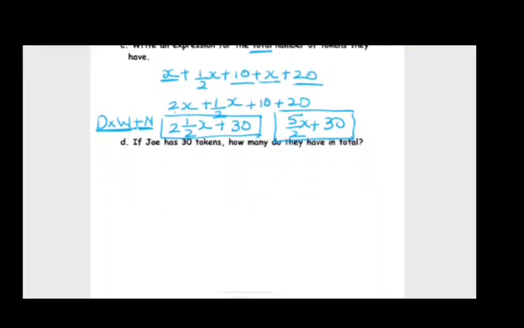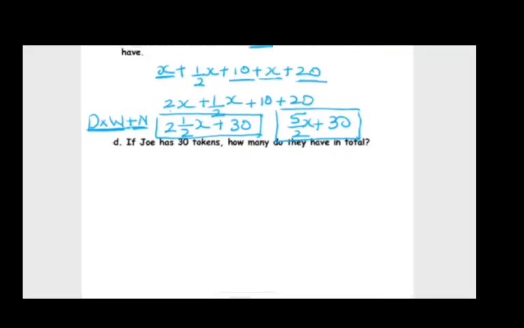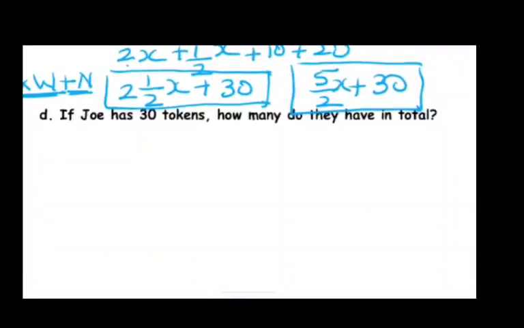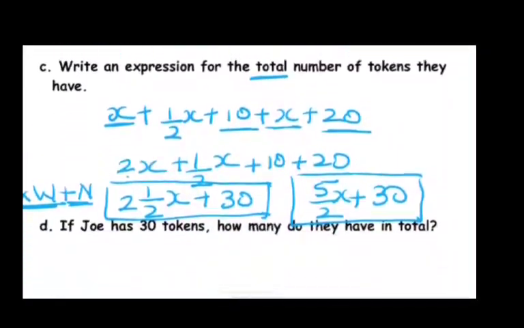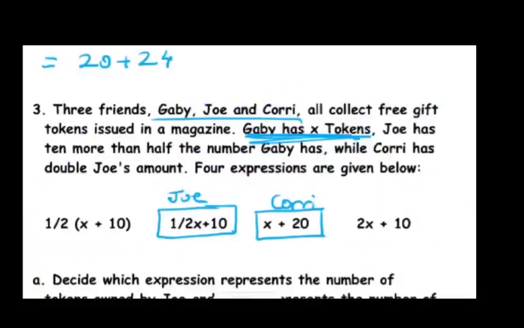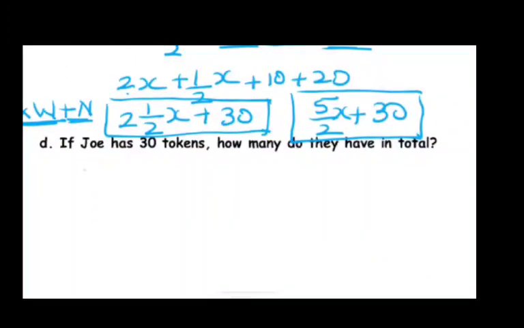Then what does it say? If Joe has 30 tokens, how many do they have in total? So who is Joe? Joe is the second one? Yes, Joe is this one. If Joe has 30 tokens, half x plus 10 is equal to 30.